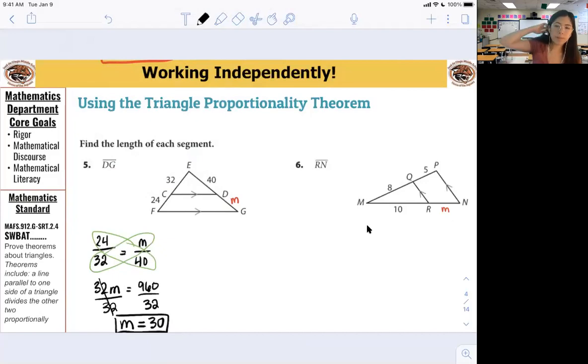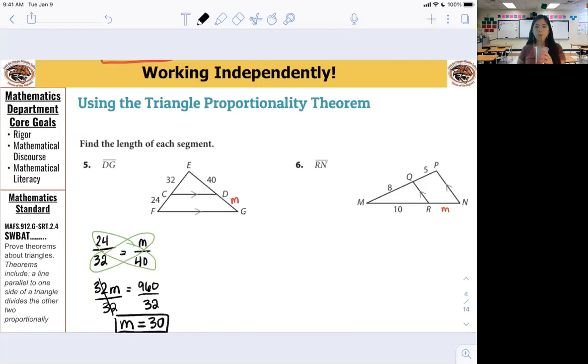All right. So number 6, very similar. What's a proportion that I can set up here? For number 6. Okay, Perla. So somebody else, go ahead and let us know. What is a proportion?